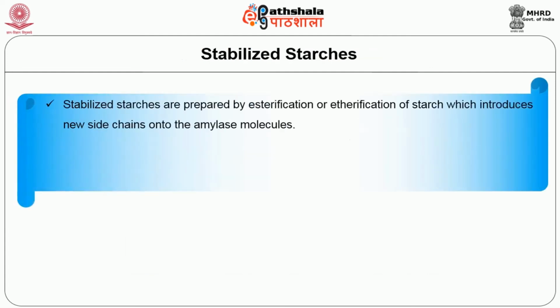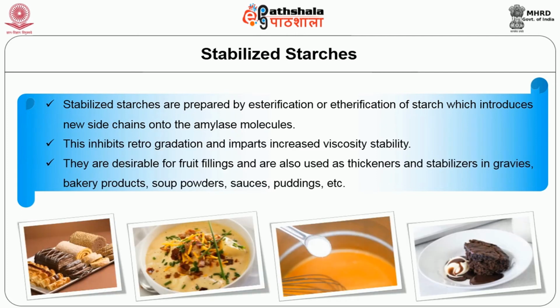Next we will see about stabilized starches. Stabilized starches are prepared by esterification or etherification of starch, which introduces new side chains onto the amylose molecule. This inhibits retrogradation and imparts increased viscosity and stability.